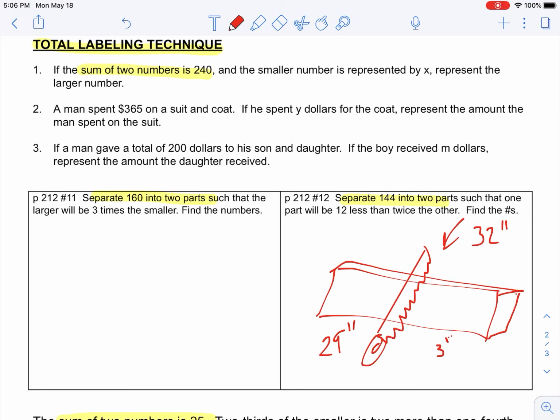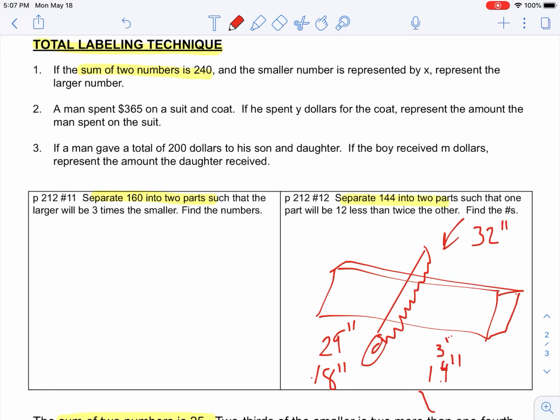How did you get 29? Well, what you did in your head really was a subtraction problem. So if this side is 14 inches long, then what is this side on the left? That's 18 inches long. Again, you did a subtraction problem. You did 32 minus 18.